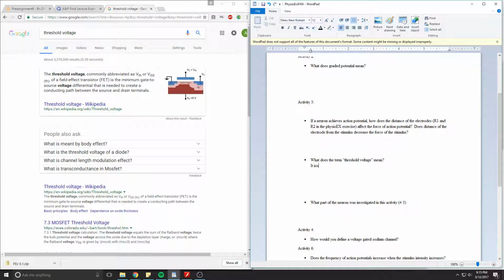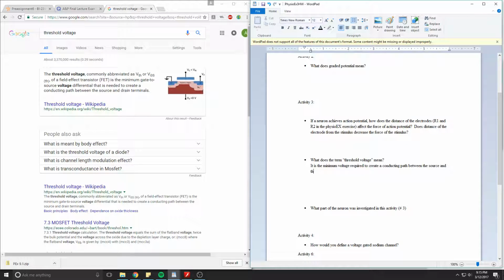So it is the minimum voltage required to create a conducting path between the source and the end.